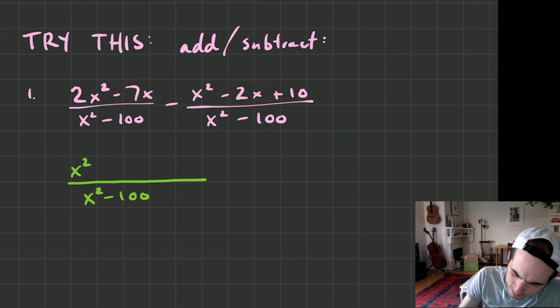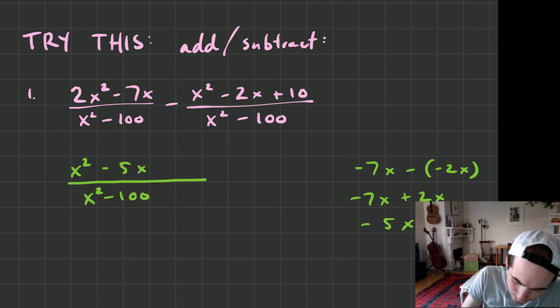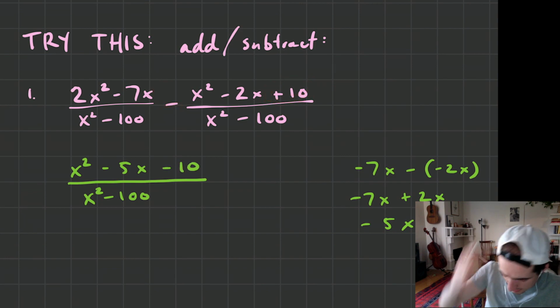Let's write that on the side so we're not confused: minus 7x minus negative 2x is the same thing as minus 7x plus 2x, or negative 5x. So we've got minus 5x, and finally, nothing minus 10, so this should be minus 10 up here. So there you have it.